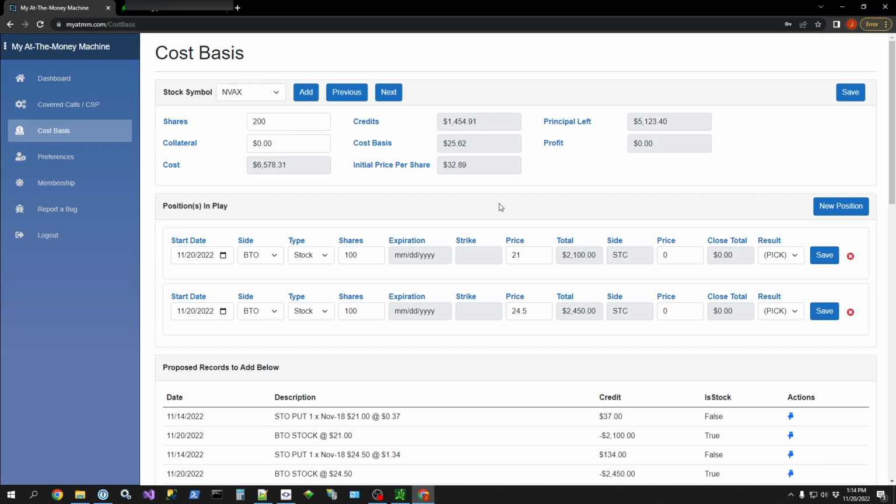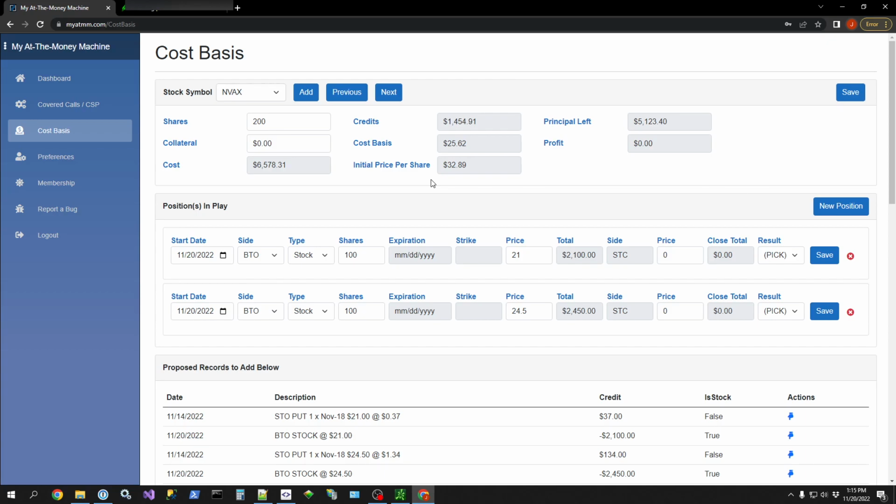It can go down to 16 this week. I mean, it's pretty wild, this one. But you can see if you include the premiums, my average is down to 25.62 per share. So I don't think that's doing too bad, considering what I've been through on this one. In any case, we will continue to work this one to fix it over the long term.